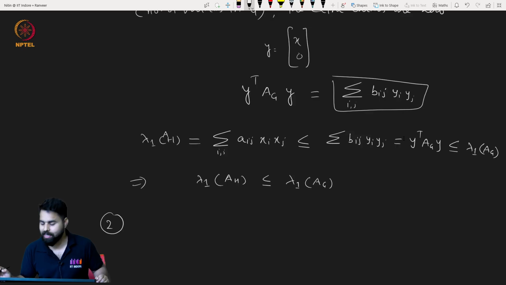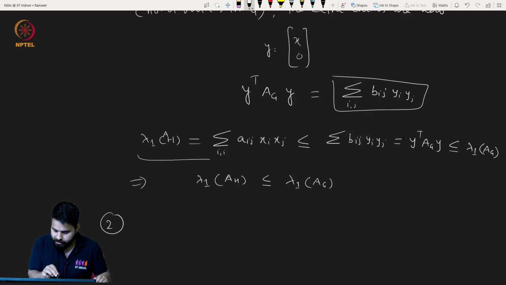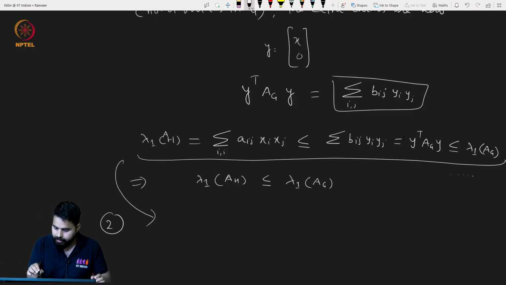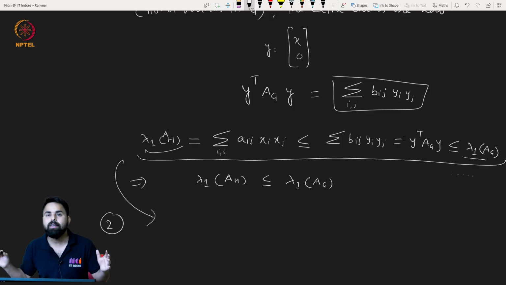If these two eigenvalues are the same, then from this inequality, everywhere there is equality.